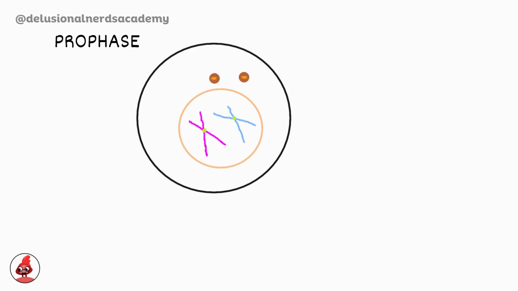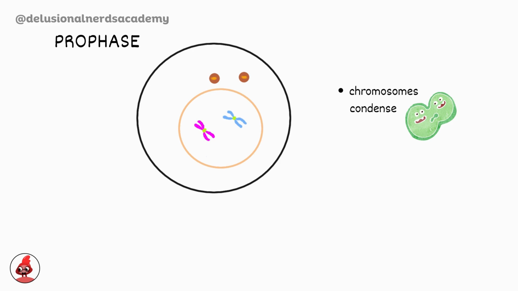Prophase. The chromosomes that are loosely hanging around inside the cell's DNA become more condensed. This happens because later they have to split apart. So to ensure that each daughter cell receives an accurate and complete copy of the genetic material, the chromosomes have to be in a condensed and organized manner.